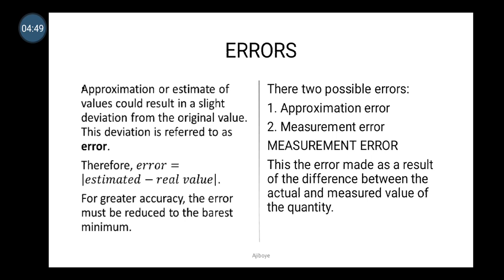So you make a mistake, or you measure below or above the actual value, right? This could be as a result of parallax error and other sources of error. So that's just measurement error.